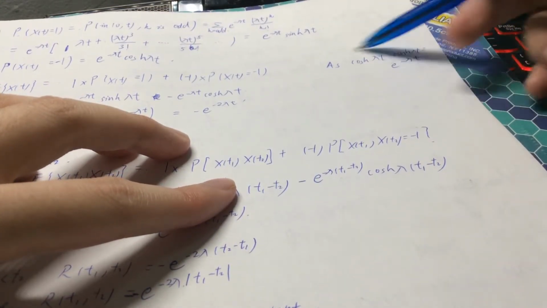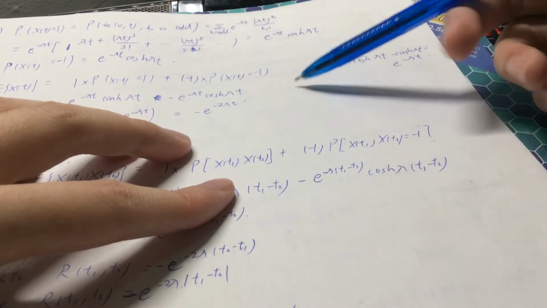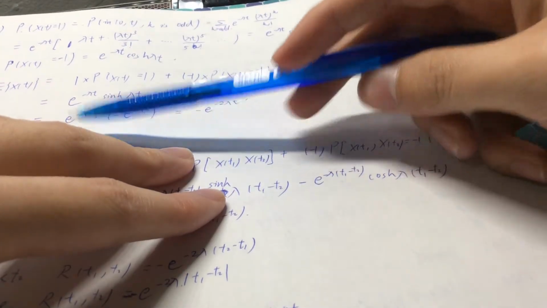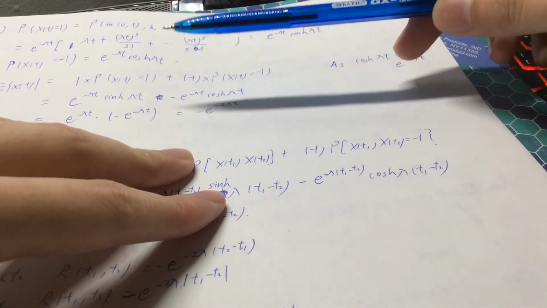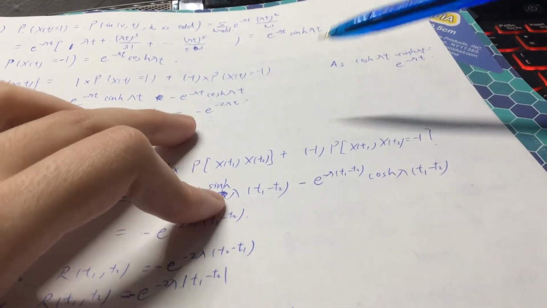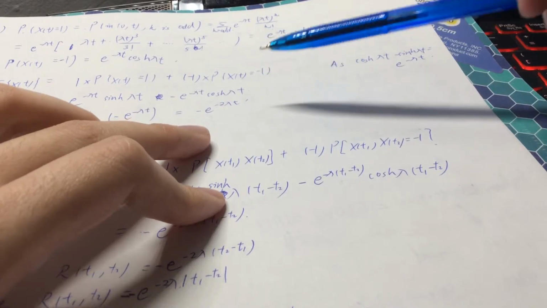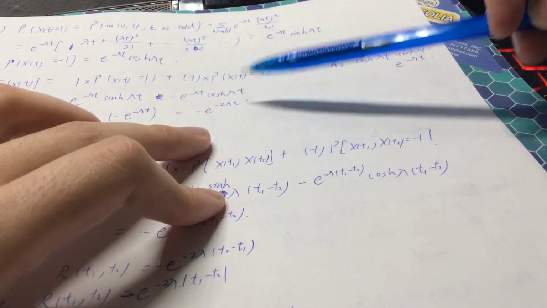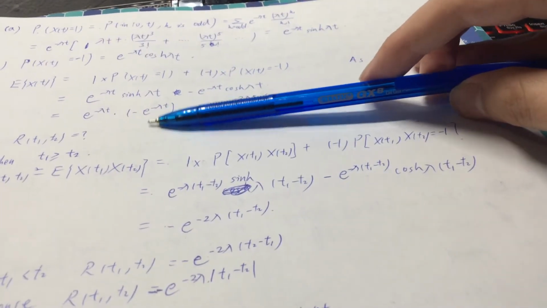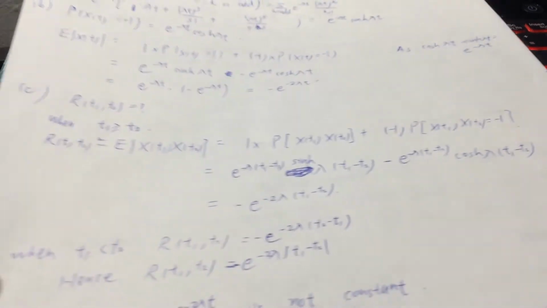We know this formula, so we can take these formulas into this function, and finally the result is equal to exponential to the power of -2 times lambda times t. So this is the final result of the second part.